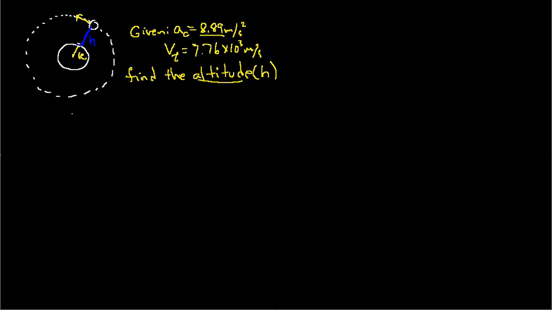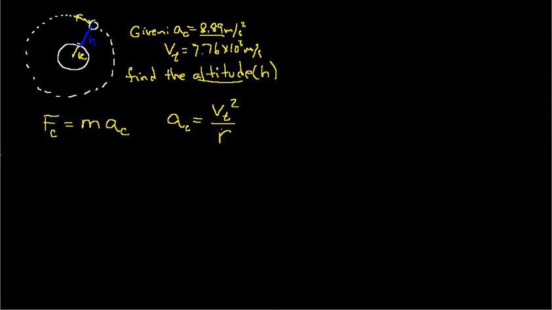What we want to do is go back to our equation for force. The centripetal force is mass times the centripetal acceleration. The centripetal acceleration then is Vt squared over r.